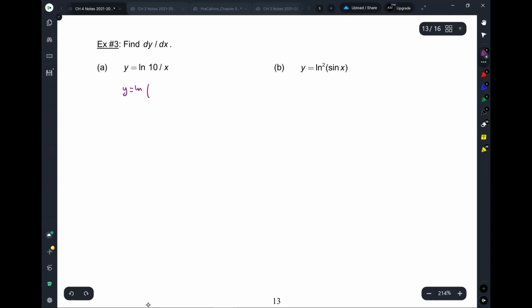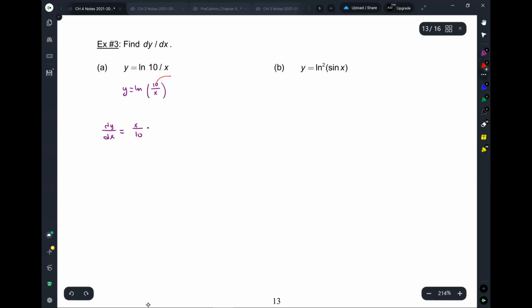ln of 10 over x. Okay? All right. So dy dx. The derivative of ln of something is 1 over the something. 1 over a fraction is another word for the what of the fraction? It starts with an R. Reciprocal. So it's x over 10 times the derivative of the inside.